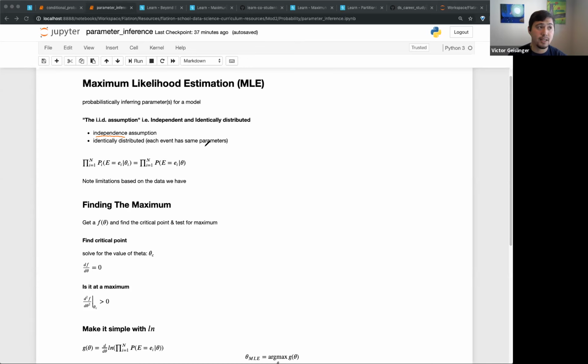But something could change: let's say, something ridiculous, as you flip the coins, someone grabs it and always puts it down as tails. Now they're no longer the same parameters. Those two events are no longer using the same parameters, so they're not identically distributed. And we'll use this parameter as theta.